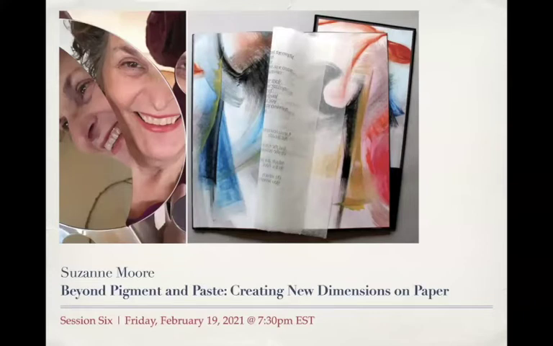So now to introduce Suzanne. Suzanne Moore is a printmaker, painter, and lettering artist whose eclectic interests fuse in the diversity of her artist books. Born to a family of gifted inventor engineers and raised in a post-Sputnik Middle America, her aptitudes in math and science channeled her into those areas at an early age.